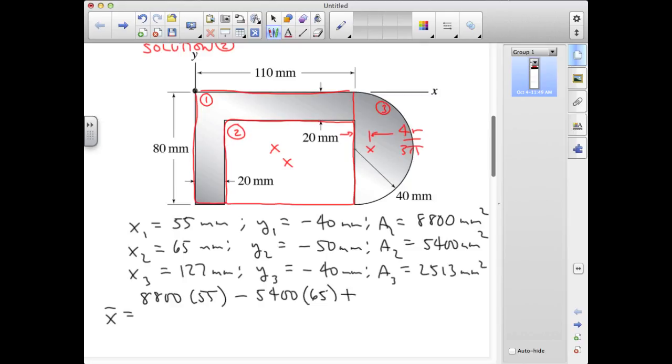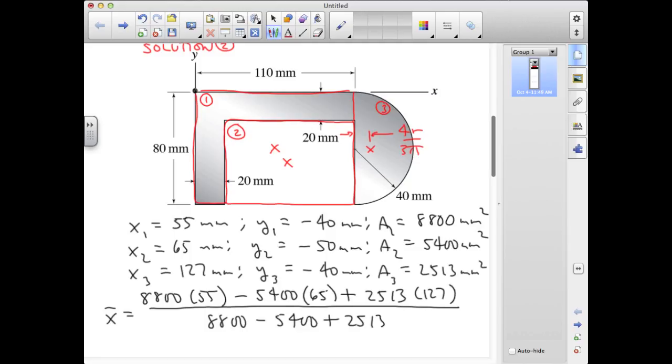And then we have plus 2513 for the semicircle times 127. And the sum of the areas, we have 8,800, and now again minus 5,400 for its negative weighting, plus 2513. And once again, if we calculate all that out, we get a value for the average x position of 76.5 millimeters.